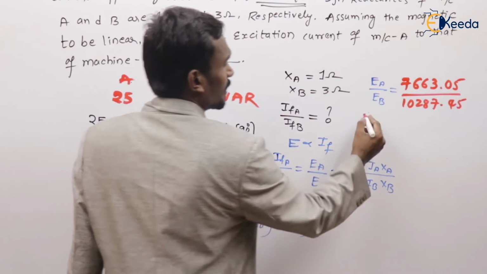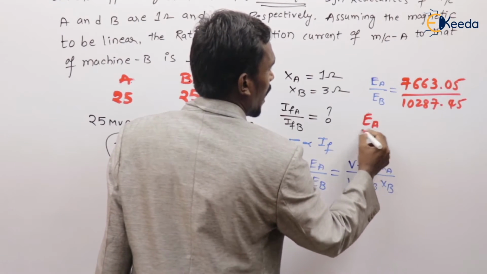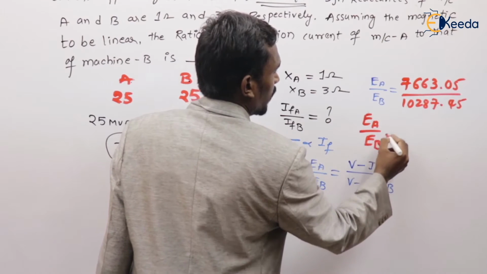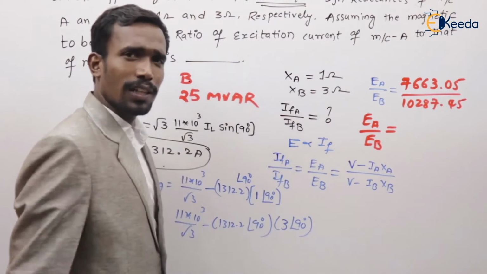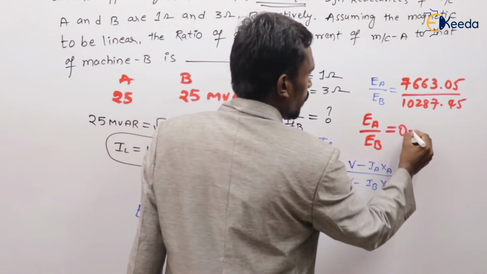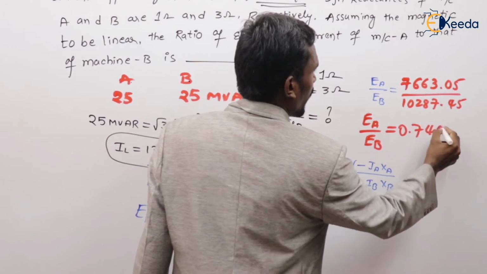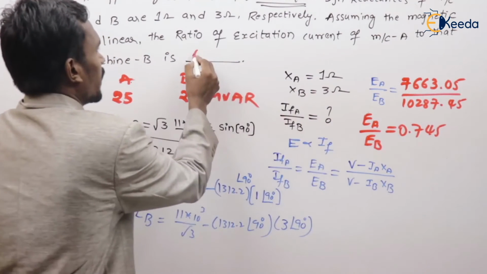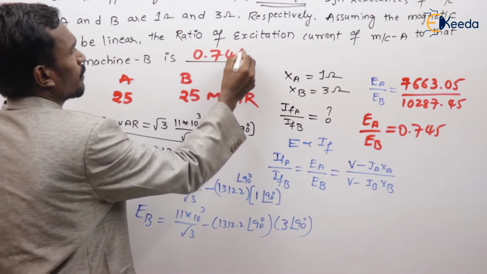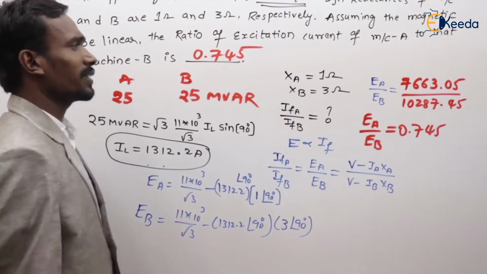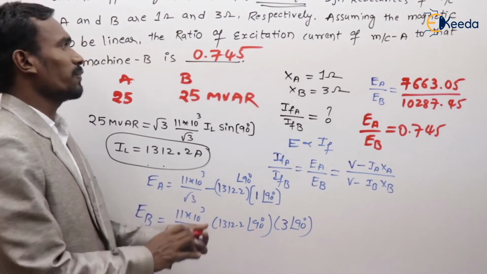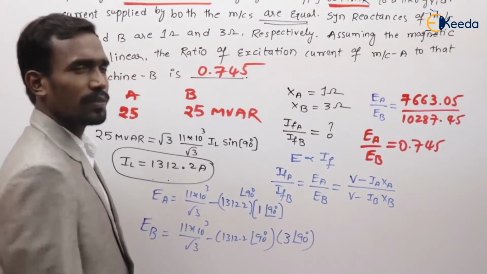If you calculate the ratio of EA to EB, it is 0.745. So your answer is 0.745, which is the correct answer.